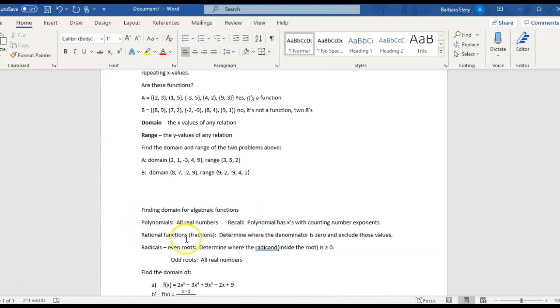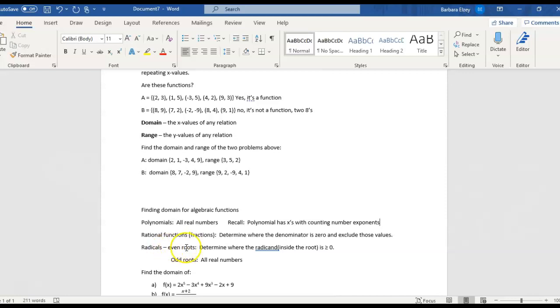We're going to look at rational functions. That's anything that's in fraction form. So we'll determine where the denominator is 0 for those, and we have to exclude anything that makes our denominator 0. So we'll see an example here in a second. And then radicals. Of course, we solved radical equations a couple of weeks ago. Now we're looking at radical functions.